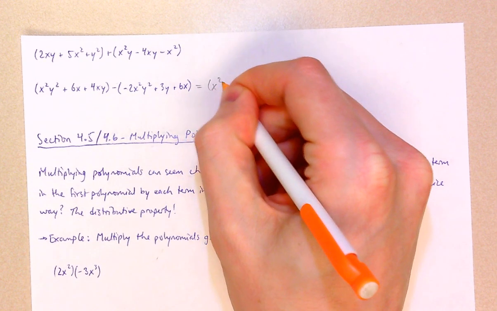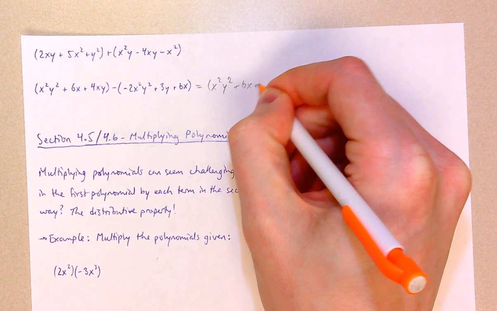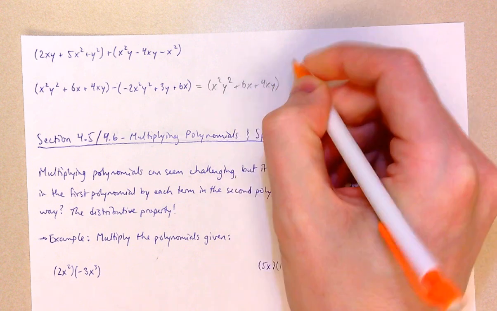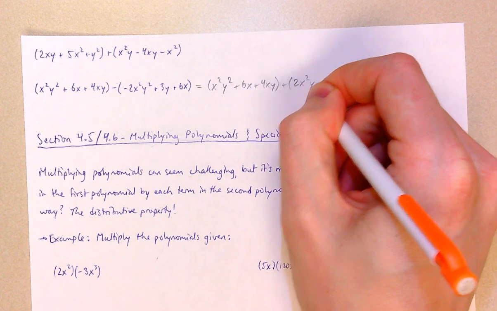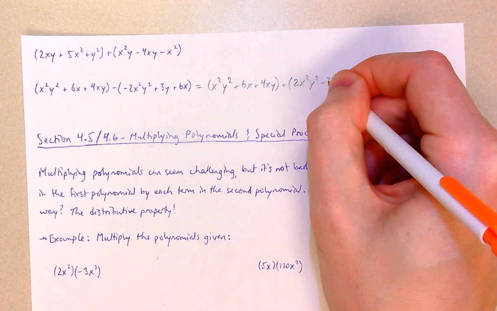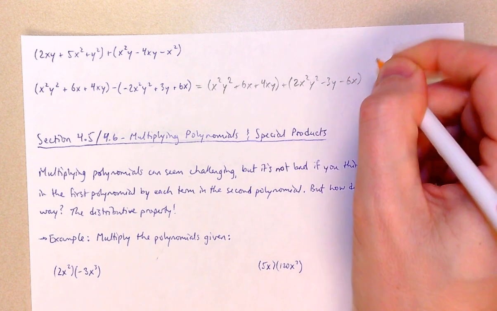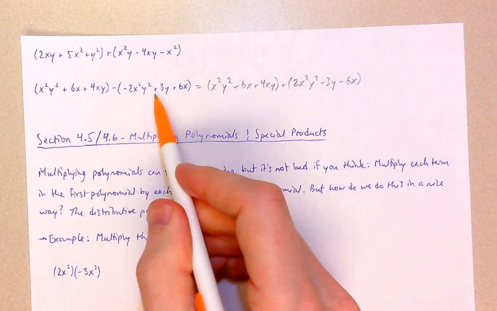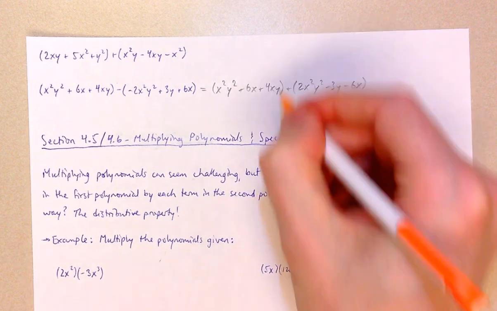So it's going to be x squared y squared plus 6x plus 4xy plus 2x squared y squared minus 3y minus 6x. Minus plus plus became plus minus minus. And now we're adding.